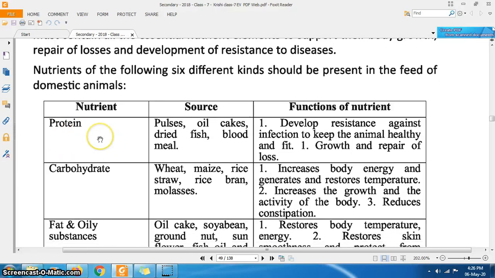First nutrient is protein. Sources of protein are pulses, oil cakes, dried fish, blood, milk. Function of nutrient: develop resistance against infection to keep the animal healthy and fit. Growth and repair of loss.